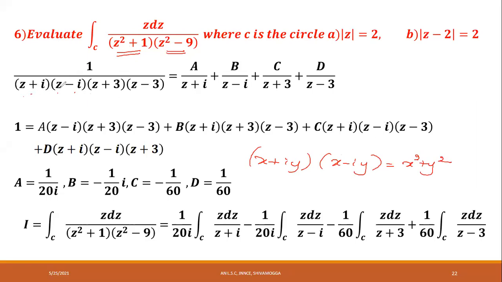Therefore, z plus I into z minus I is z square plus 1. Similarly, z square minus 9 can be written as z plus 3 into z minus 3. All the four factors are linear factors.